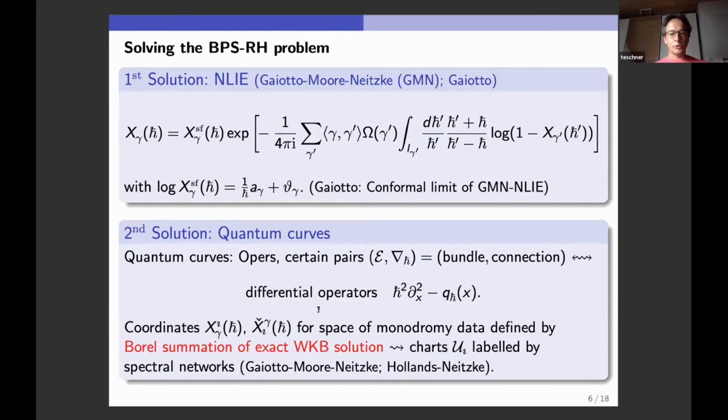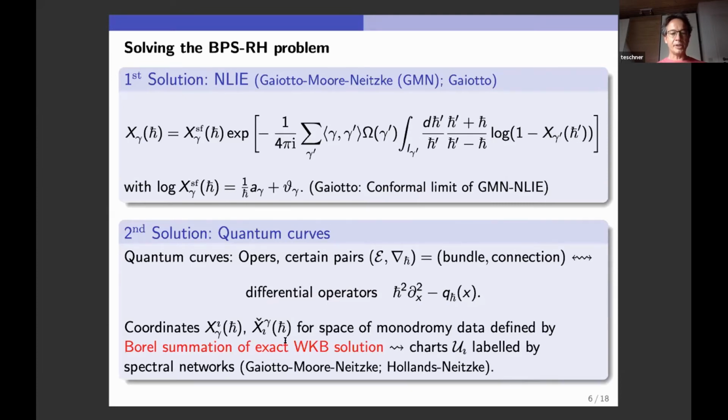What I want to focus on is the second way of solving it, which uses something which is called quantum curves, and I will elaborate on what this is. For the moment, let's just think of differential operators of this form, which basically are built from a deformation of this quadratic differential, which was defining our curve sigma in the first place. What kind of deformation I will mention in a moment.